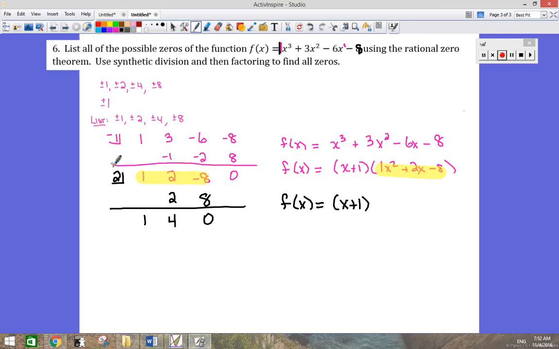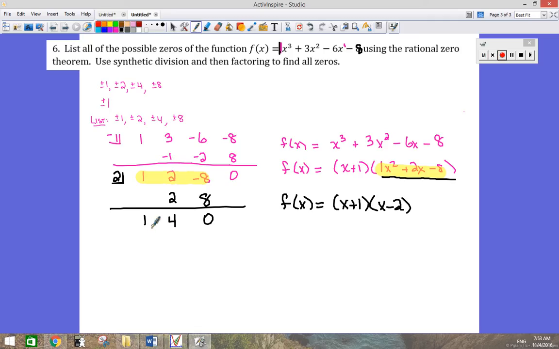So sometimes you'll have a repeated root. I could have tried negative 1 again and got a 0. But I cheated a little bit and I looked at the answers so I wouldn't have to waste time in search. I tried a 2 on this 1, 2, and I looked at this quadratic function and said, hey, let's do synthetic division using 2 and see if we get a 0 remainder. So that tells me that if x equals 2 is a zero, then in factored form that's x minus 2.